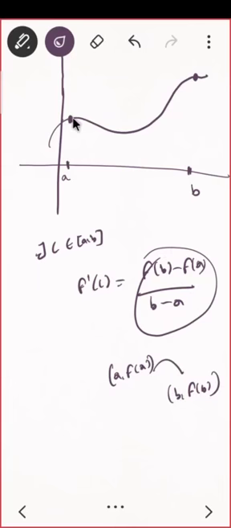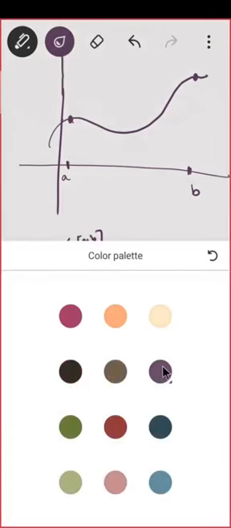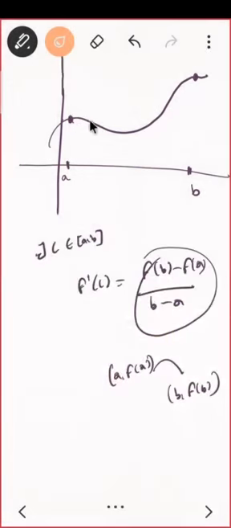So actually I am just taking a slope of these 2 points. So this is the point and I am taking the slope, and what I am saying, this slope is same as there will be a point जिसके tangent से same होएगा.